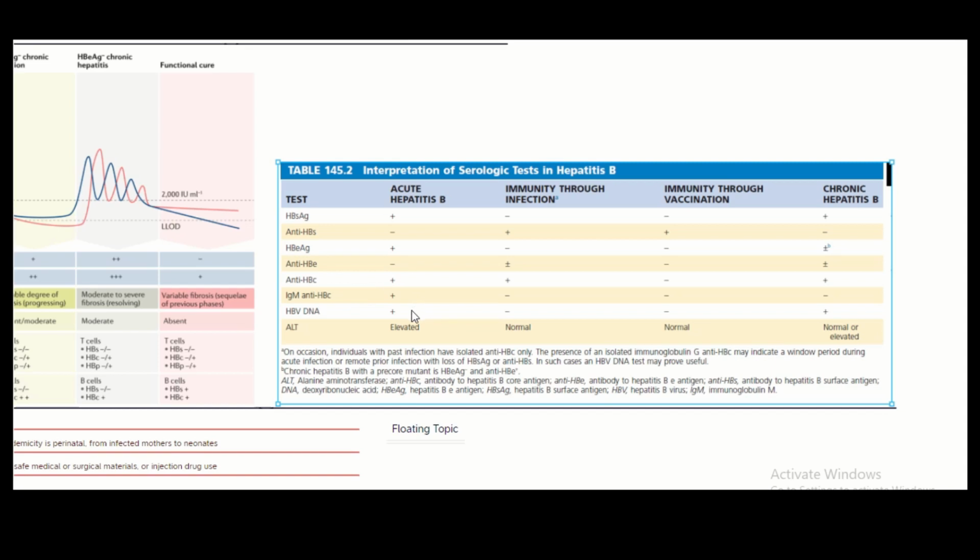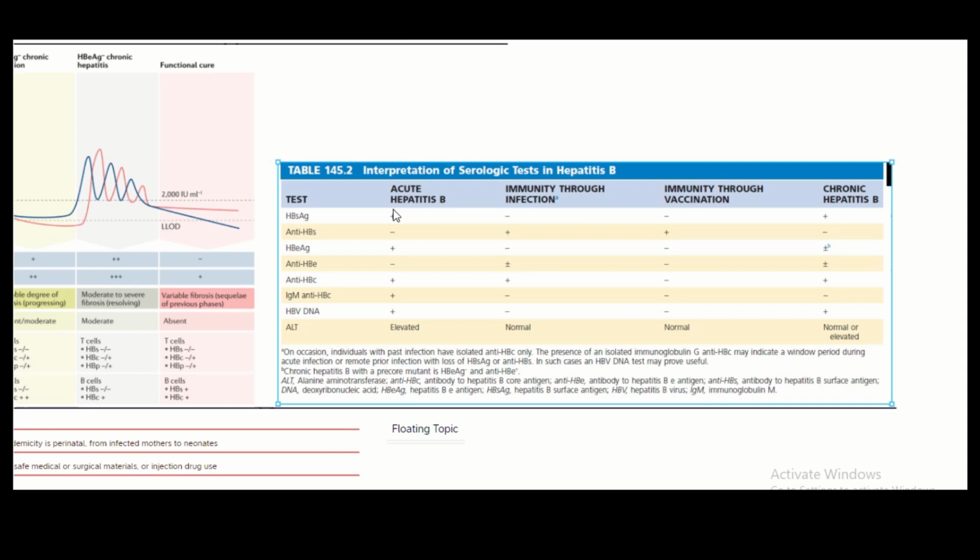But the HBc antigen is too weak and gets destroyed fast within our blood. Anti-HBc will be produced, and especially the IgM, since this is the only immune seroconversion that we can find within the acute phase.